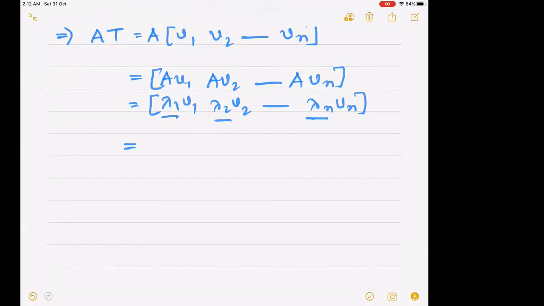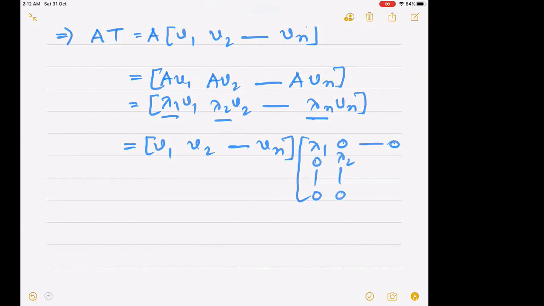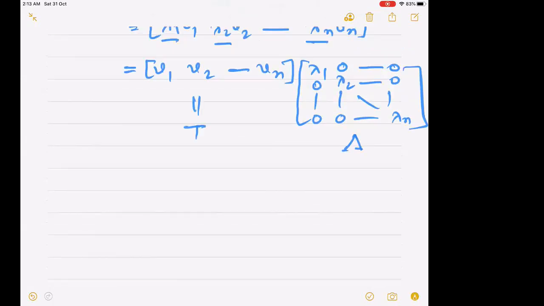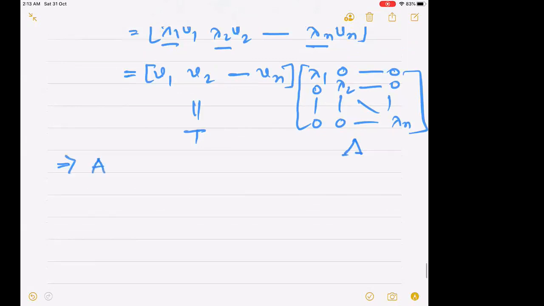So this can be written as v1, v2, up to vn, once again the matrix T. Now a column operation is done on it so that each column gets multiplied by the respective lambda value. So this is the diagonal matrix. We call it capital lambda, and we have already defined this to be capital T. So then the equation that we get is AT equals T times lambda, which then tells us that T inverse AT is equal to lambda.